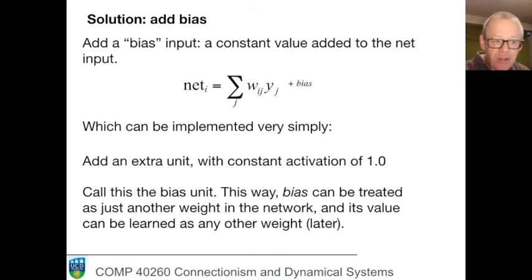So we've added one more thing to this very simple computation of the net input to a unit. We have exactly the terms before, and we've added an additional term called the bias. Now our equation is just a little bit more complicated. However, there's a very easy way to implement this using the kind of formal structures that we've already considered.